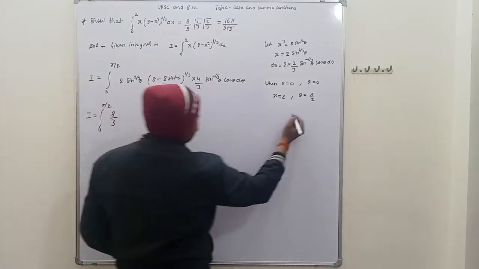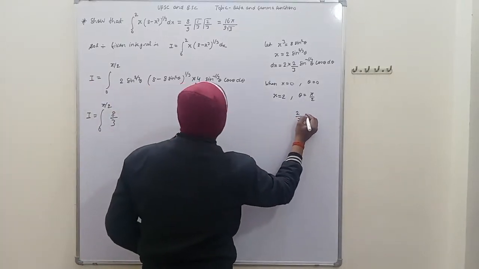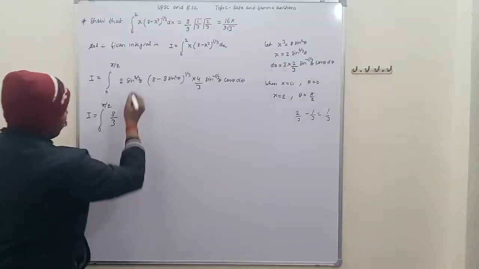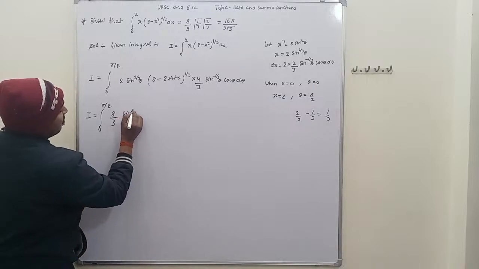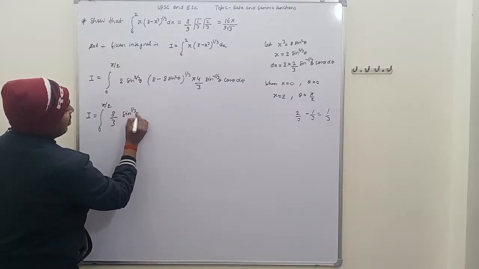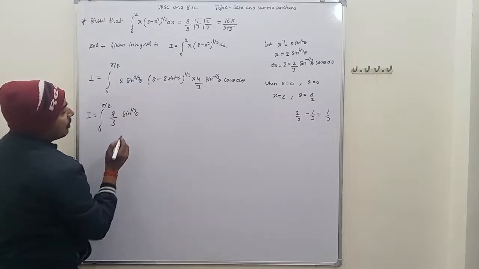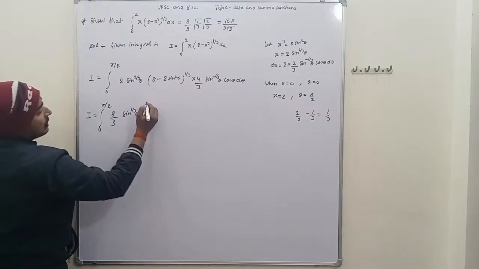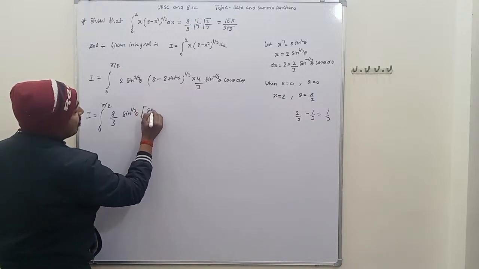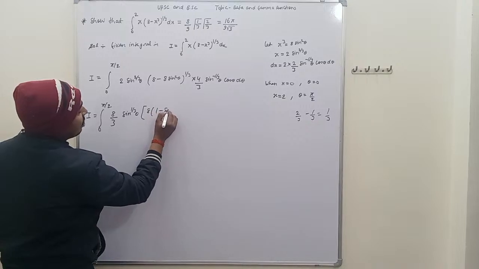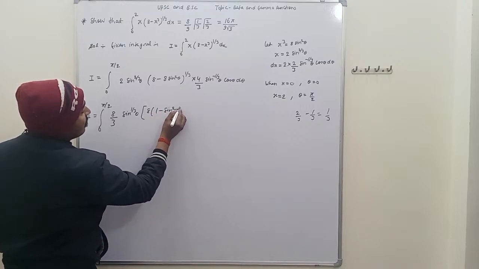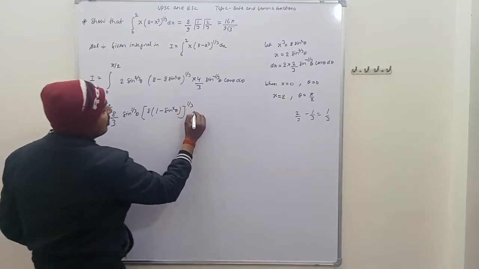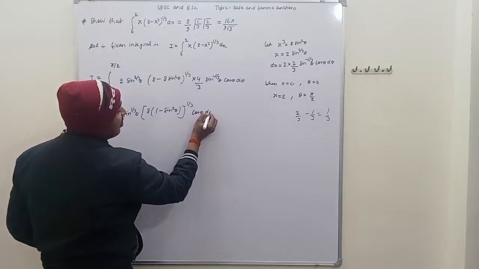We have to add here 2 by 3 minus 1 by 3, this is given by 1 by 3. So we write sin to the power 1 by 3 of theta, and from here we take common 8 in the bracket, this is 1 minus sin square theta, whole power 1 by 3, and remaining is cos theta d theta.